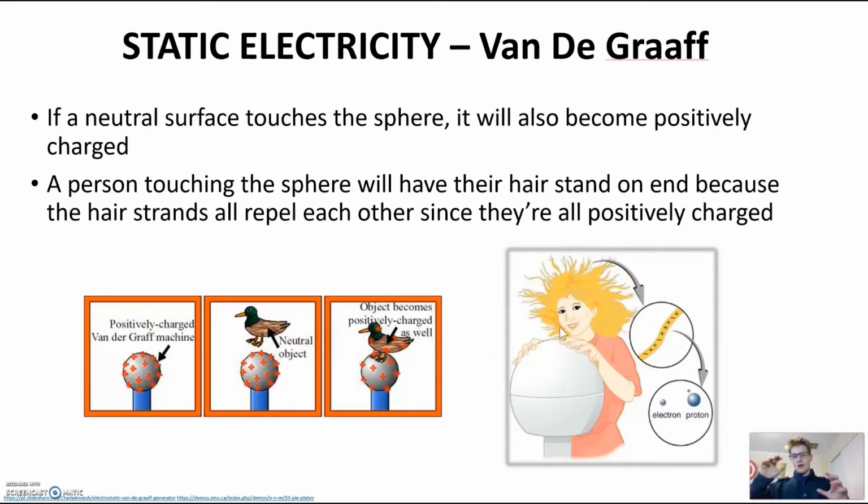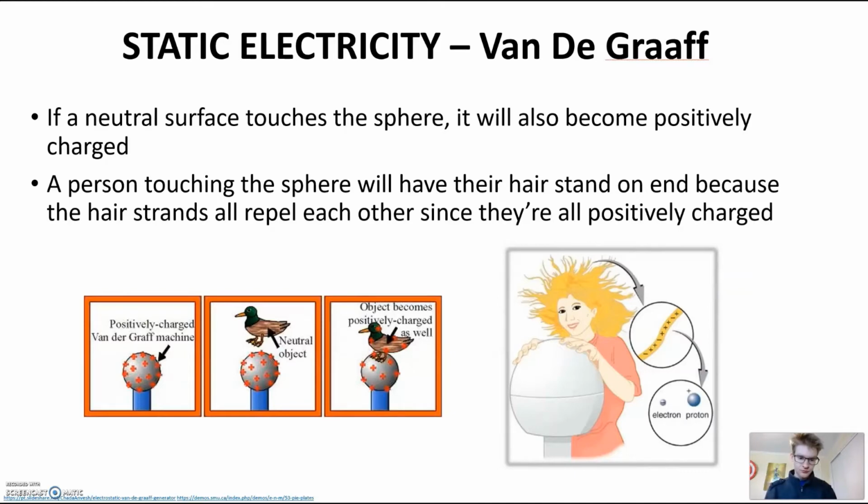When a person touches the machine, the entire person becomes positively charged, including every single strand of hair on their head. Their hair spreads apart because all of it is positively charged and moving apart from each other. The charge has nowhere to go, so it's just spreading the person's hair apart.